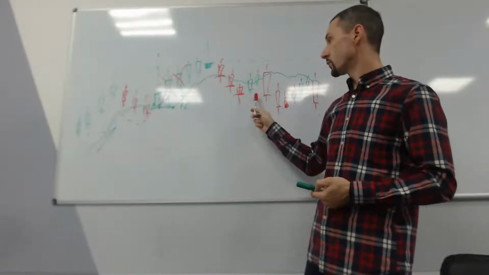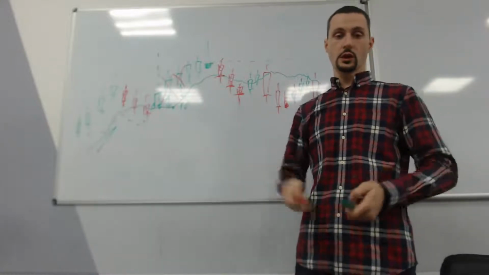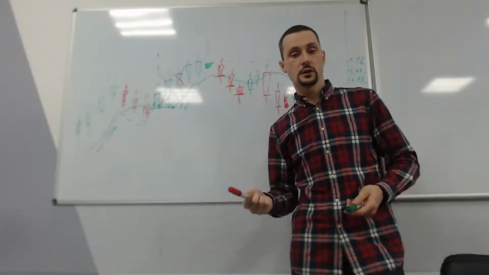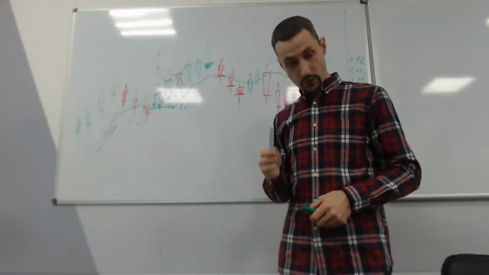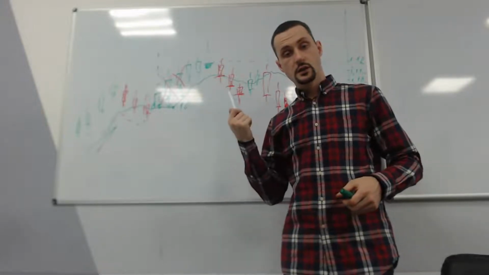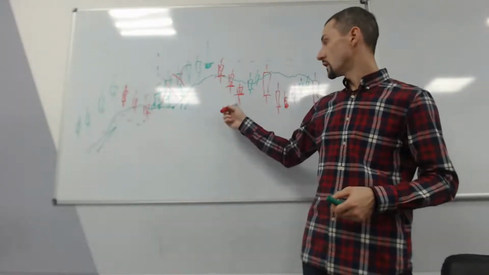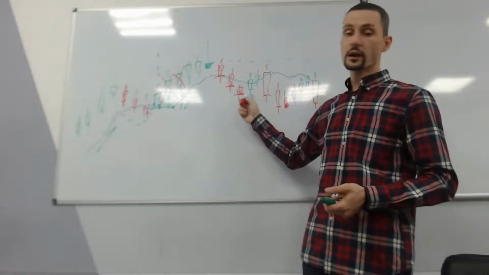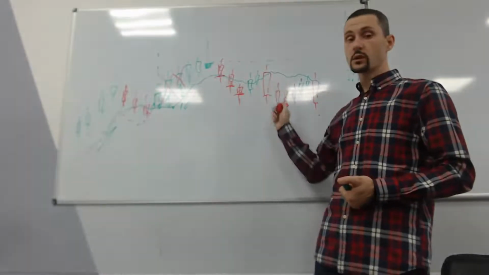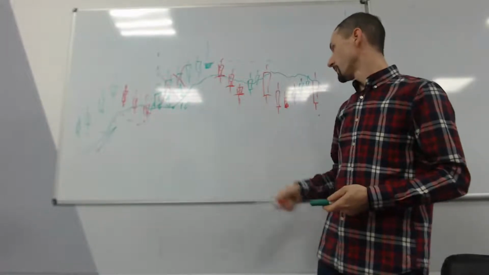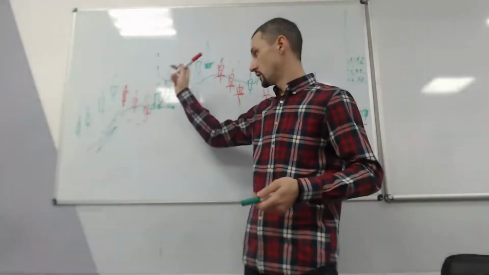After that, you wait for the second one, because, as you remember from the horizontal support and resistance lines, the price often goes back to the line after the breakthrough, and only then reflects, rebounds and goes down for the new trend, a downtrend for example, or up, like here.